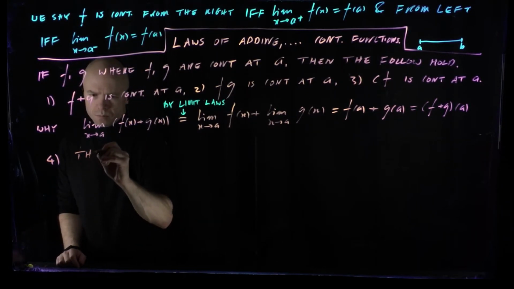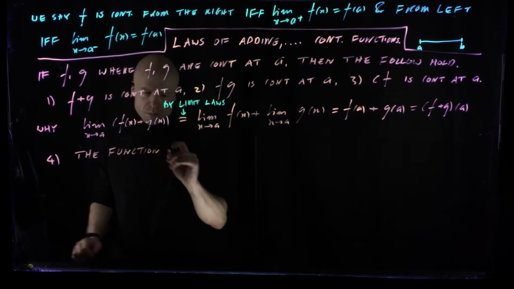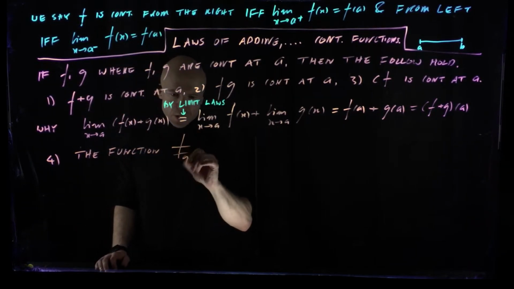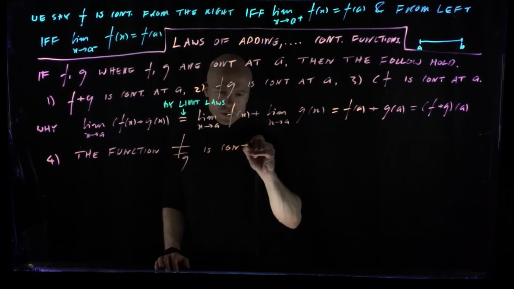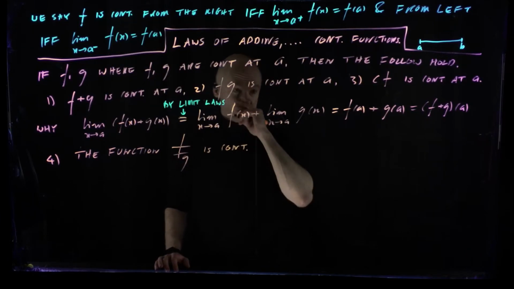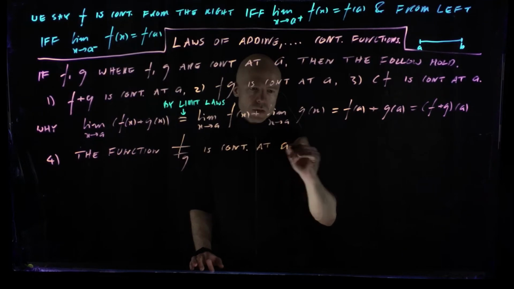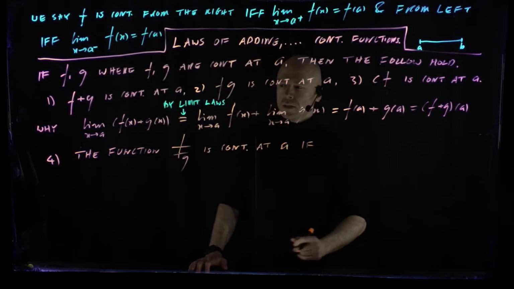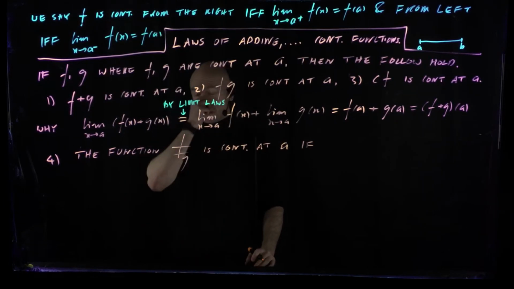The function f over g is continuous at a if, so it's not necessarily always true, but it's true under what condition? Well, if we think about what makes this work, it works because of the limit laws.